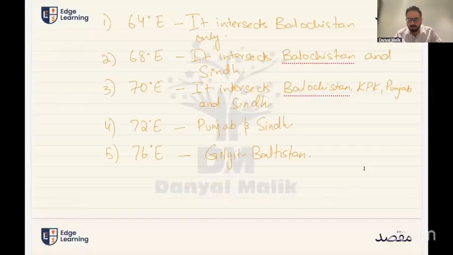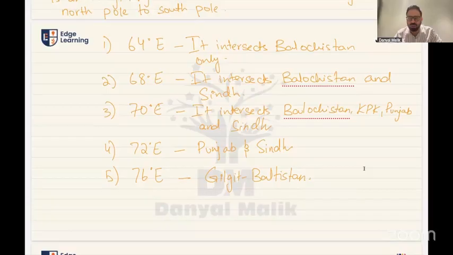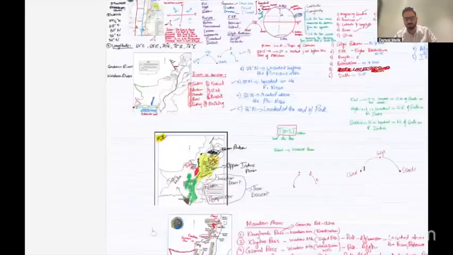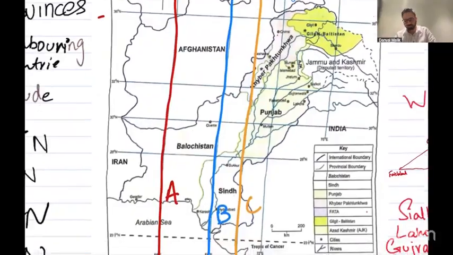Balochistan, correct. Now go here, what have we written? Which line intersects Balochistan only? 64 east. So line A will be 64 degrees east.